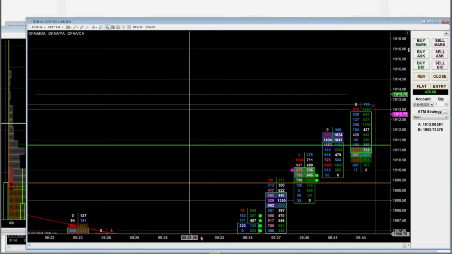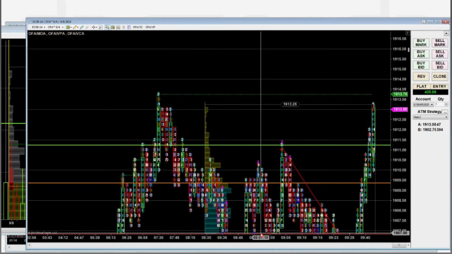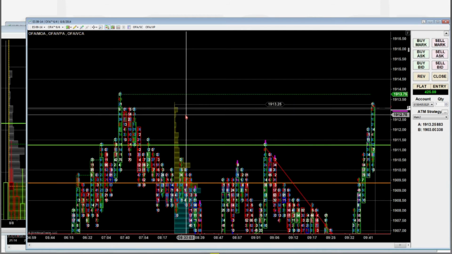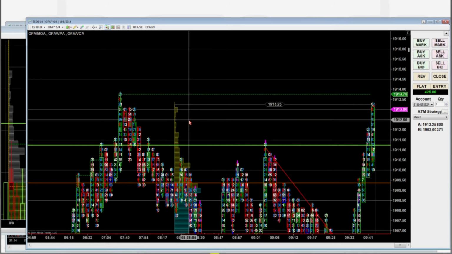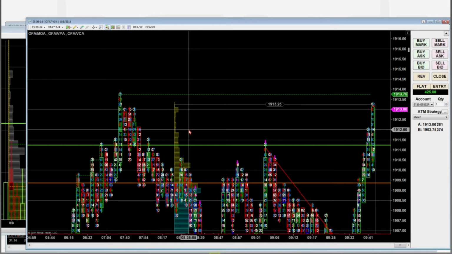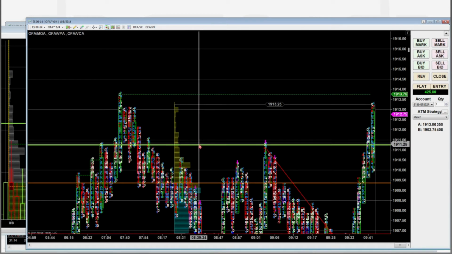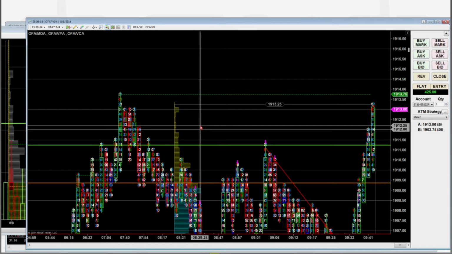When I look at the profile now, see how we're starting to get a little bit of volume up here? Got a low volume area here at 1250 and 12. IB high is at 1125, so there could be a trade long right at 12 and a quarter.